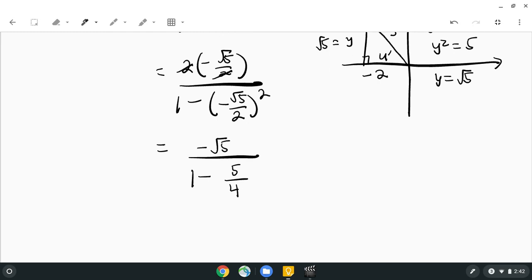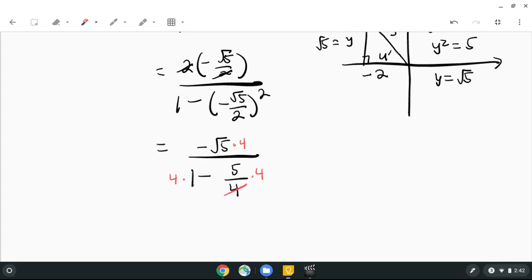Okay. And again, if you don't like that minor fraction there, that 4, you can, at this point, clear your fractions by multiplying everything by 4 to get rid of it.